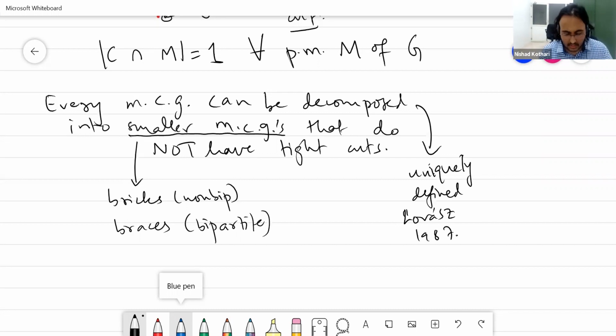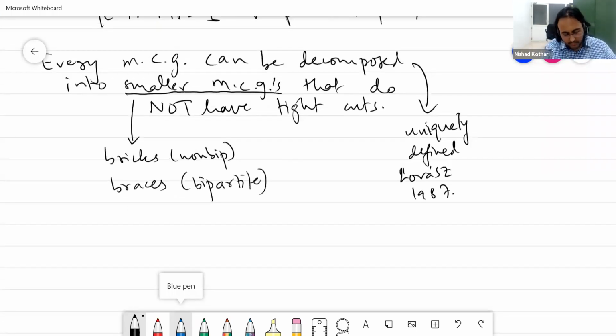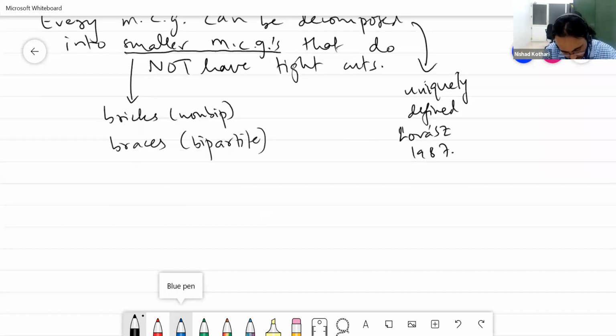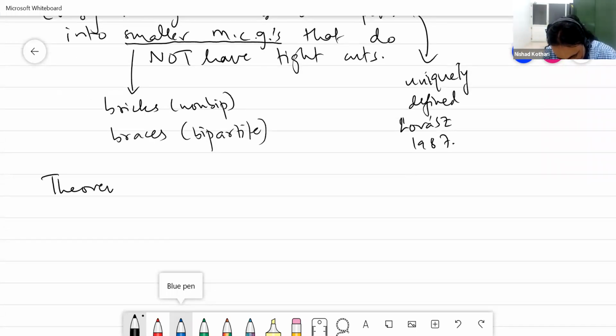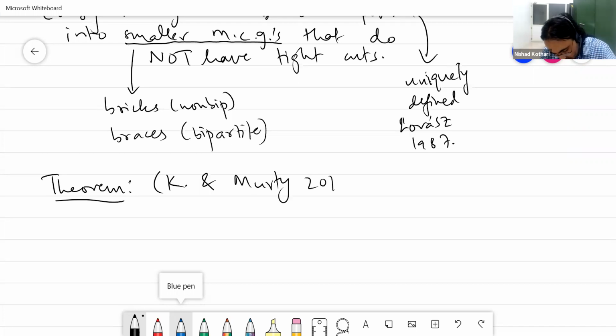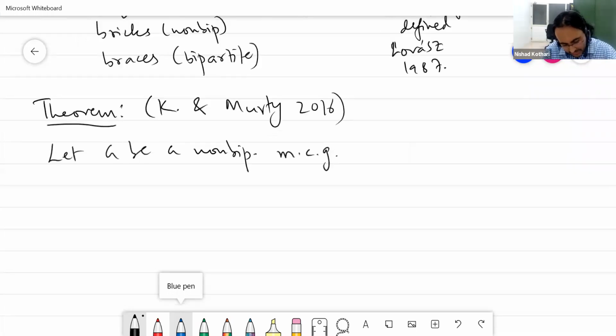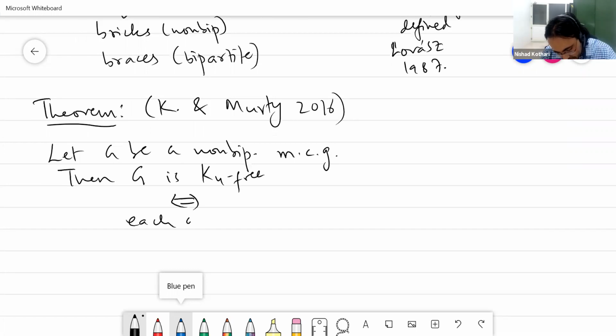Okay, good. So the first thing we proved is that, supposing you have a non-bipartite graph, let G be a non-bipartite matching covered graph, we proved that G is K4 free if and only if each of its bricks is K4 free.